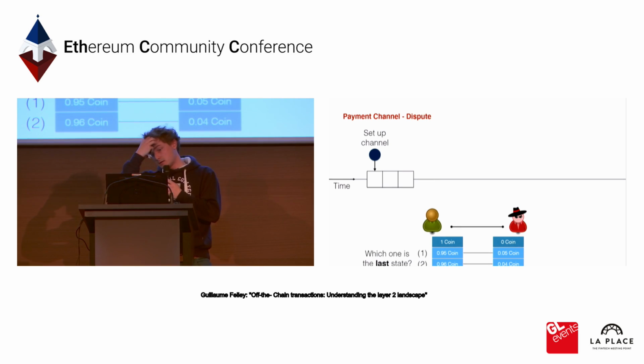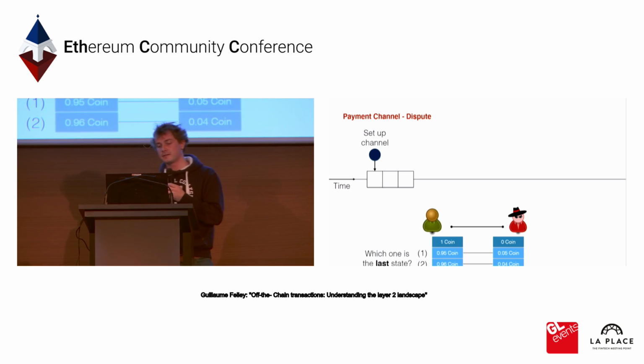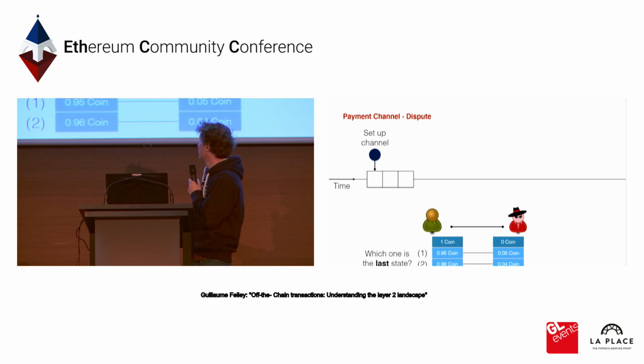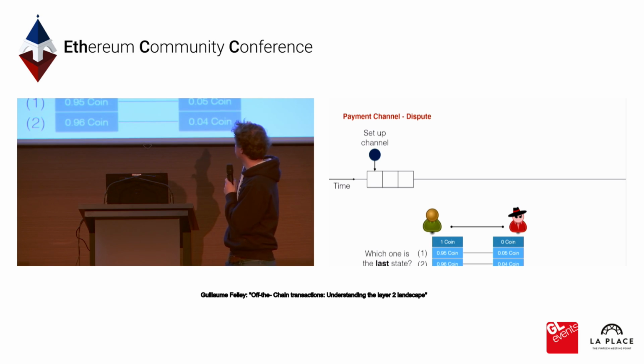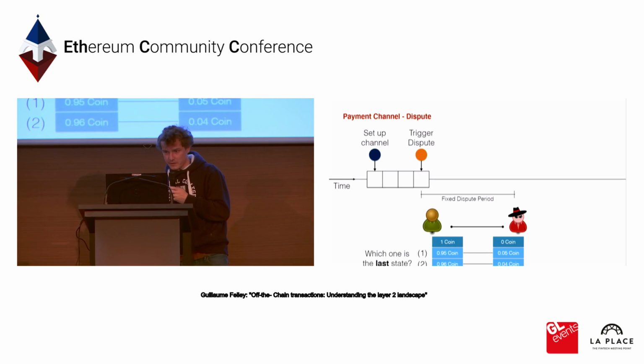All right. So now, how do you make sure that it is going to be the latest state that is enforced on chain, right? This party here might be malicious and wants to submit on-chain and close the channel with the old state, number 1, where he has more money than the latest one where he has less money, right? So you have a dispute mechanism.